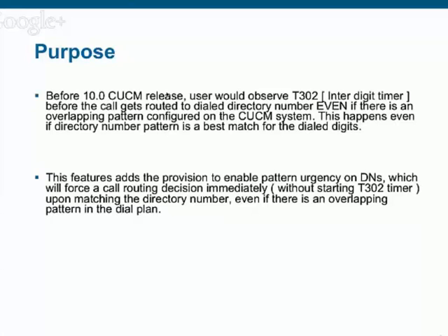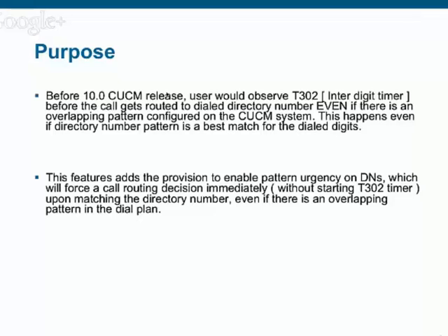Like I said earlier, this feature of urgent priority was only available on a translation pattern, on a route pattern, and on a hunt group. But in 10.x CUCM, you can have urgent priority marked on directory numbers. That basically translates to you can mark urgent priority for the extensions on your phone.